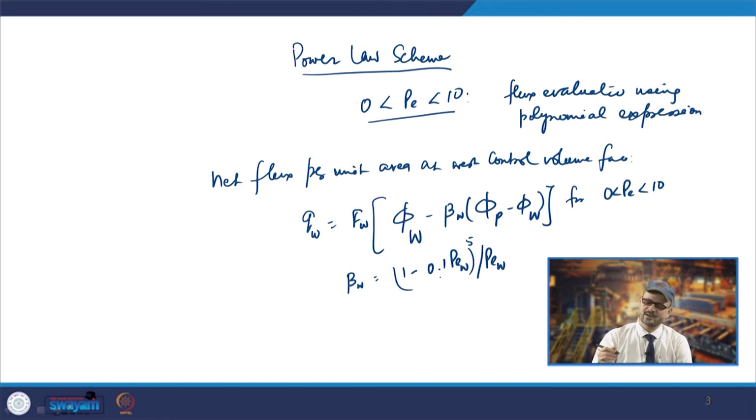And when your Peclet number is more than 10, the diffusion is assumed to have ceased, and then it will behave as the upwind differentiation scheme. In that case q w will be F w times phi W. That is what is there for the upwind differencing scheme, where the upwind node is phi W. So, this is for Peclet number more than 10.